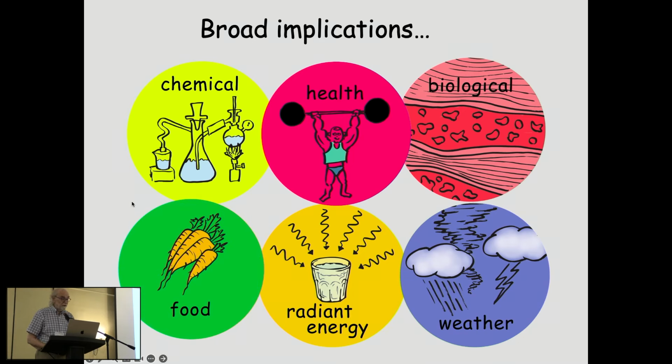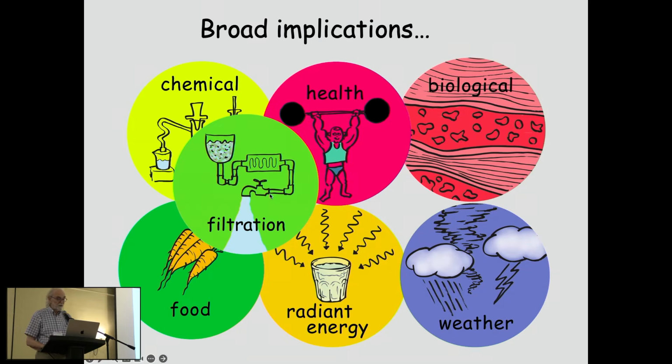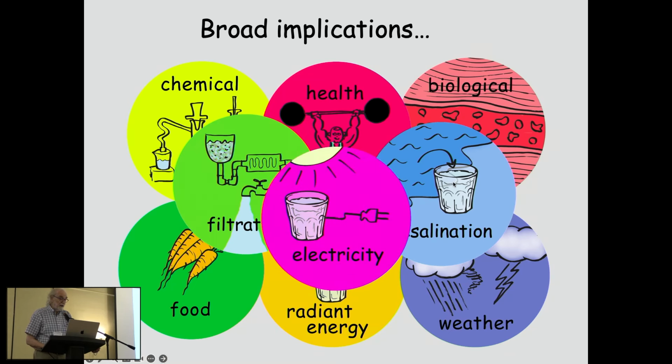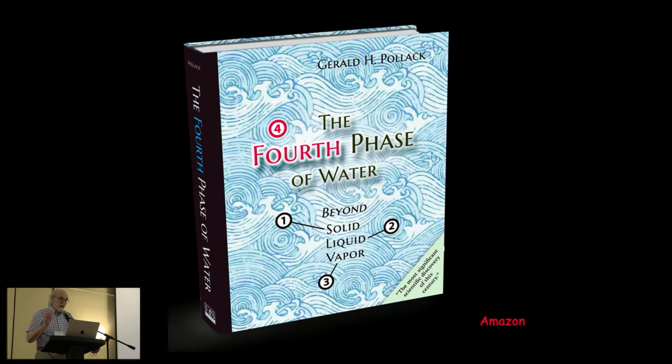In terms of food, if you want to preserve food either by dehydration or by freezing, it's nice to know something about those processes. And from a so-called practical point of view, filtration is one issue that comes directly from that. Desalination is a possibility, needs to be explored, and getting electricity from water. So many of these are described in this book, The 4th Phase of Water, which turns out to be fairly popular. You can check on Amazon.